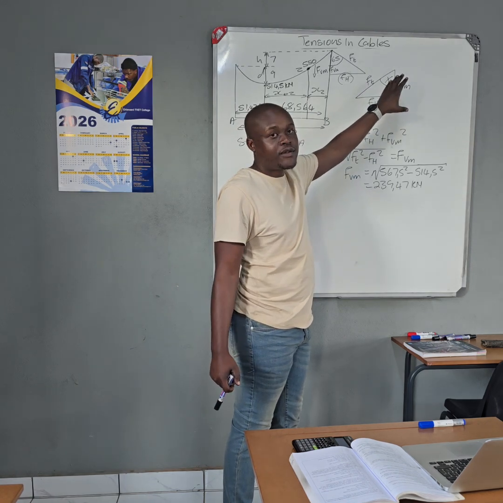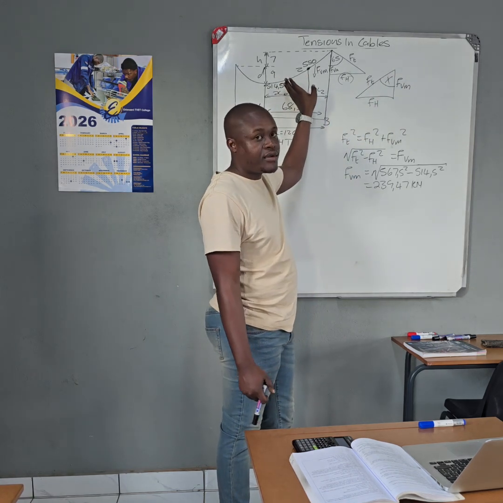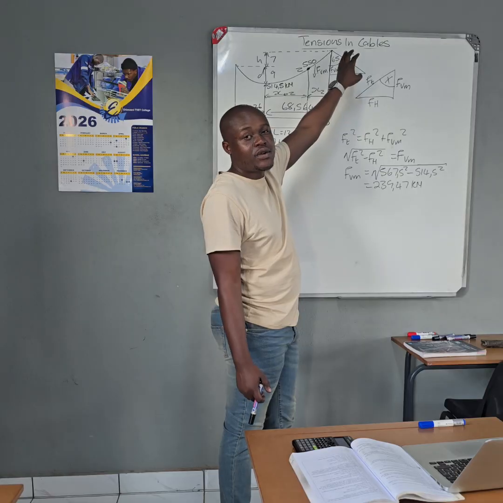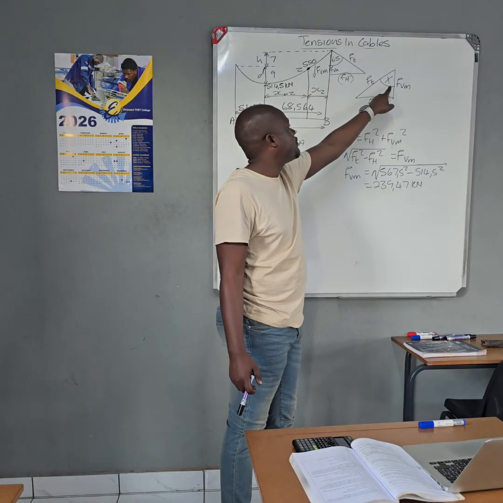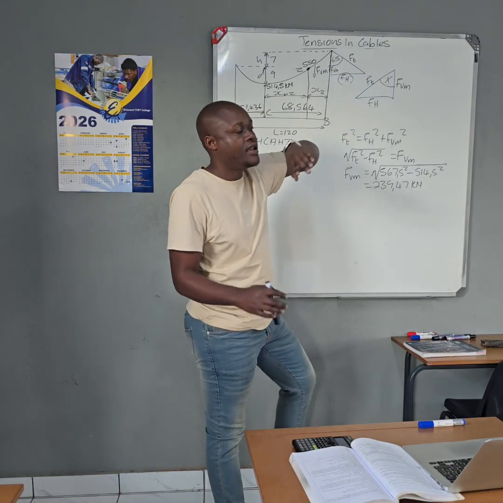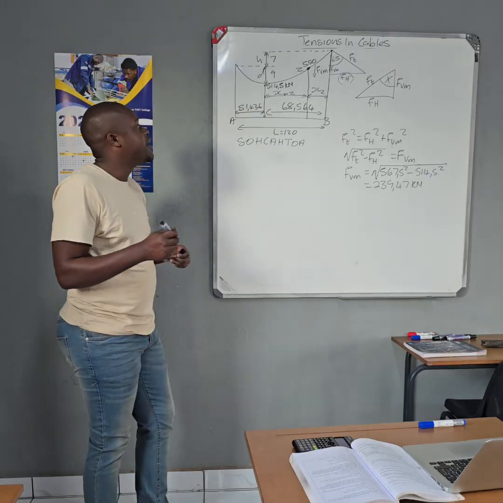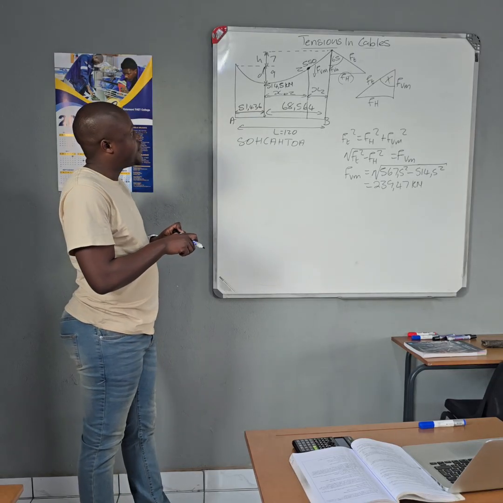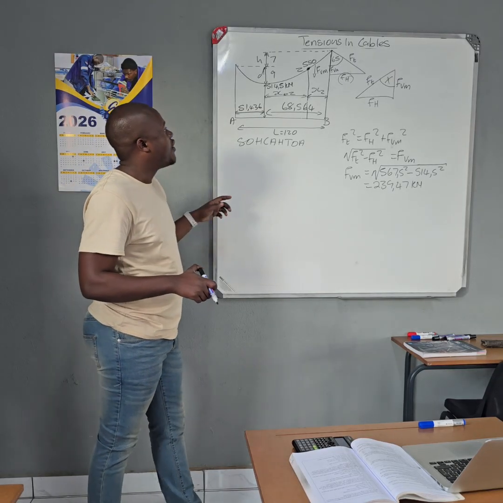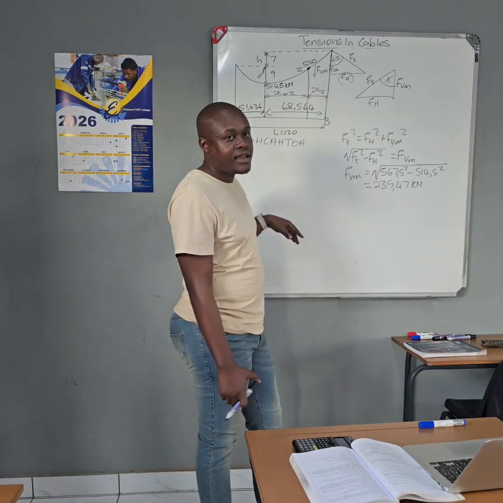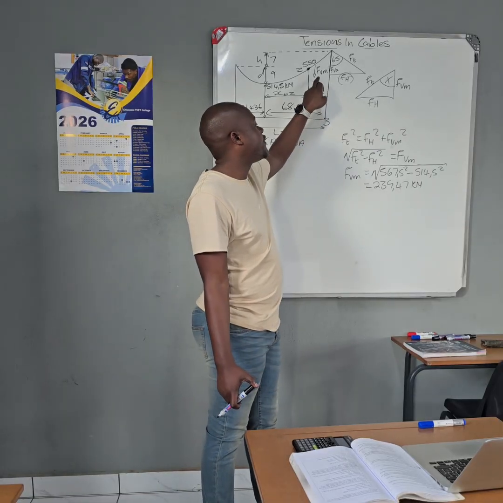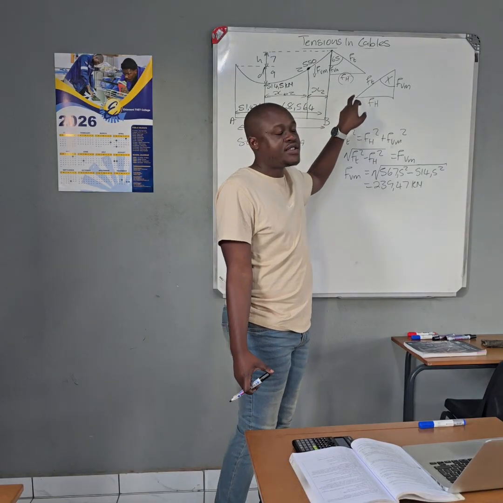Remember, this is the triangle of forces for the main cable, and this is the triangle of forces for the anchor cable. So never assume that this angle and this angle are equal. Okay? So now we want to find FV of our anchor cable. I'm not going to solve for the FV of the main cable because it's not going to change.